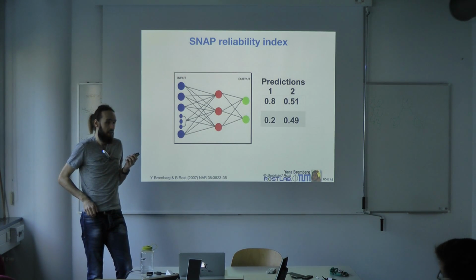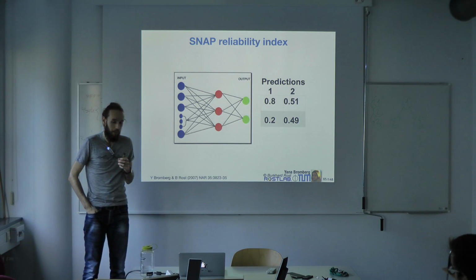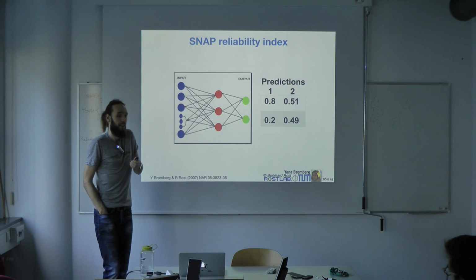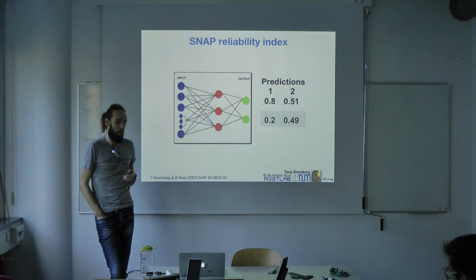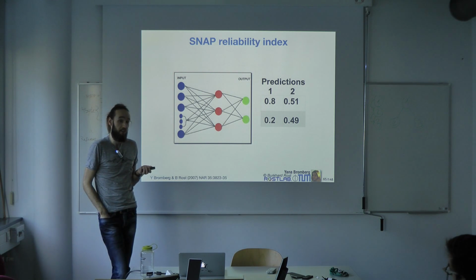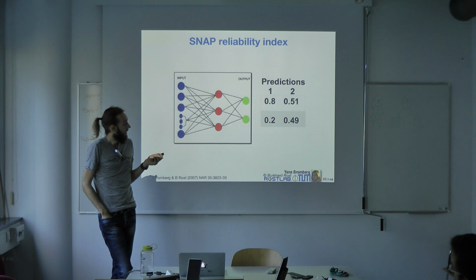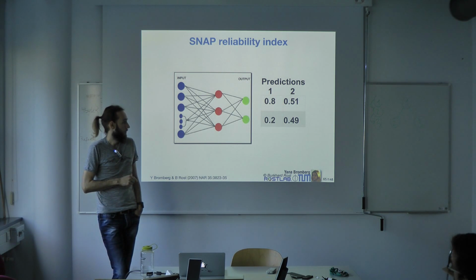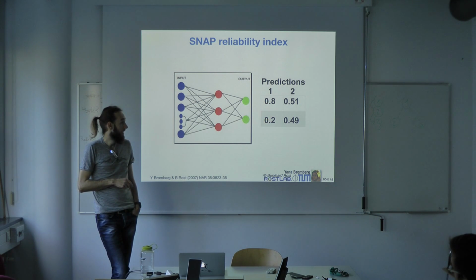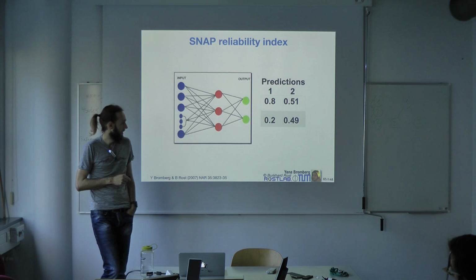Okay, and since we have these two output nodes, we can look at the actual floating point outputs from these nodes. We have two variants for which we predict here, 1 and 2. For 1, the output node values are 0.8 and 0.2. Let's say this was effect, it doesn't matter.